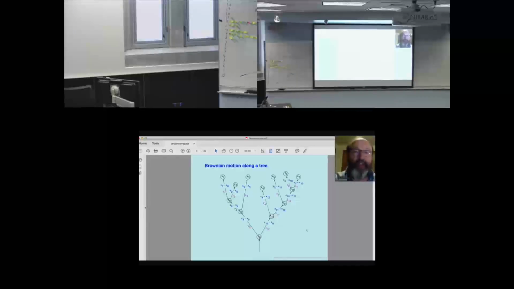The expected change up any one lineage, if you go up the leftmost lineage, for example, you expect a change of 0 during the branch because the individual generations have an expected change of 0. But the actual change varies around that with a variance that's proportional to the length of the branch. So we've indicated this here by having the branch length be proportional to the expected amount of variance that you'd get on that branch.